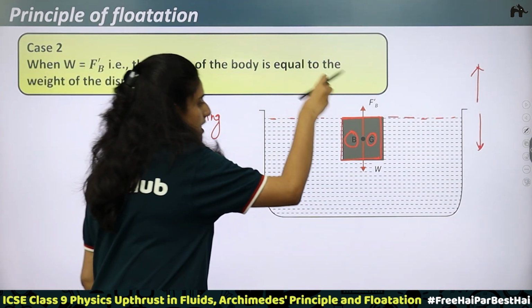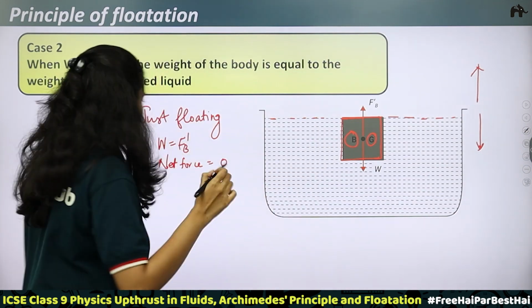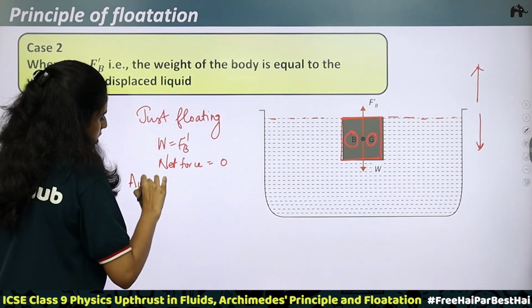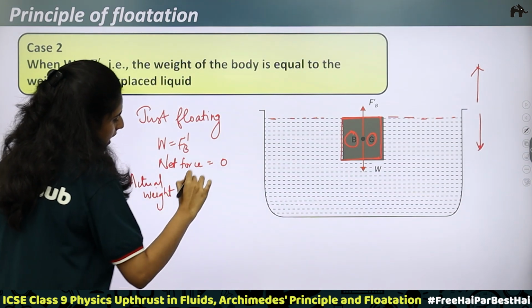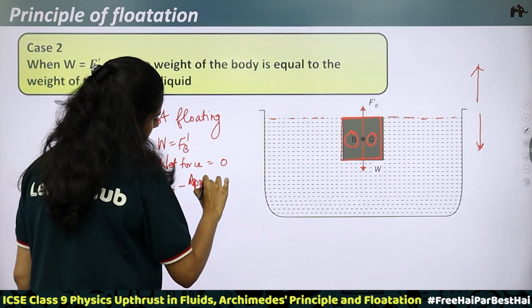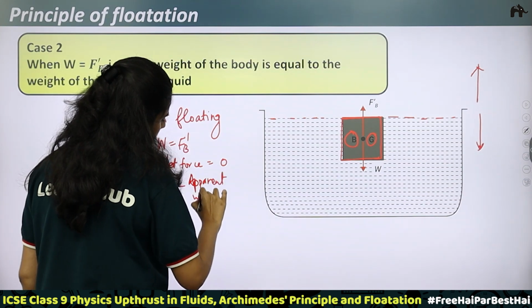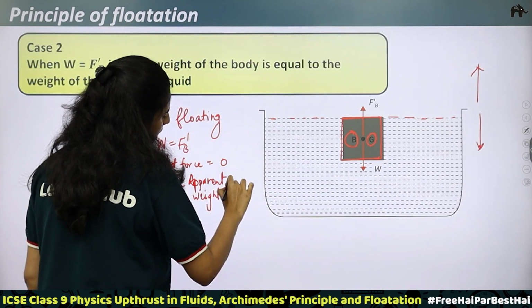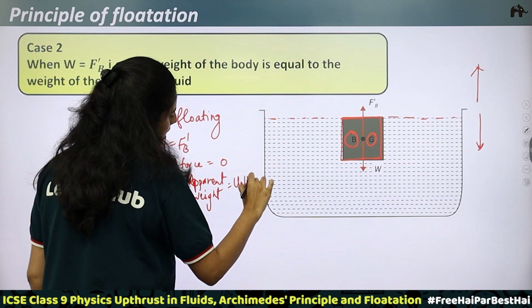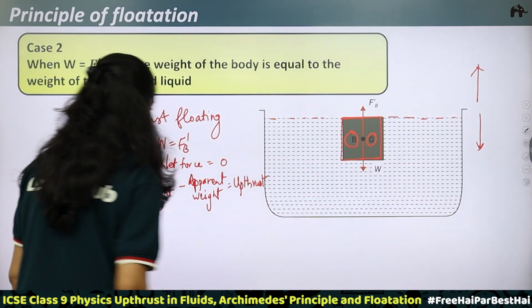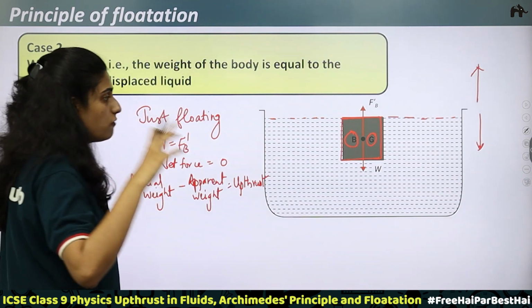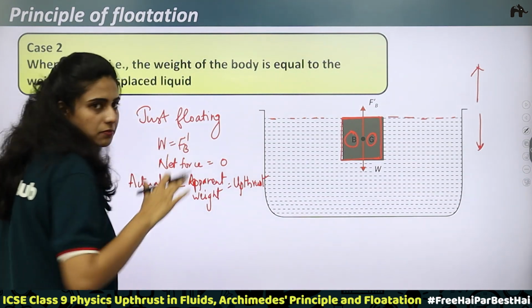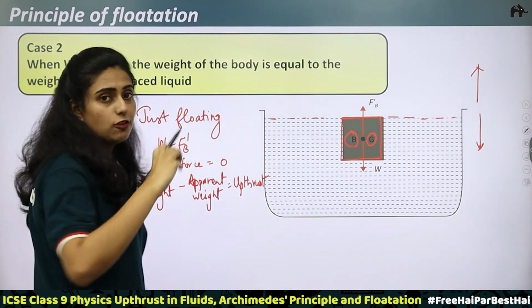When a body is immersed in a liquid, we know that actual weight minus apparent weight will be equal to upthrust. In this case, upthrust and the actual weight, that is the weight of the body in air, are equal. Apparent weight is the weight of the body in the liquid.